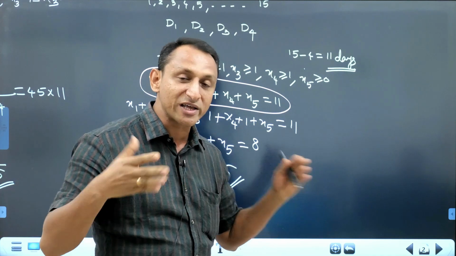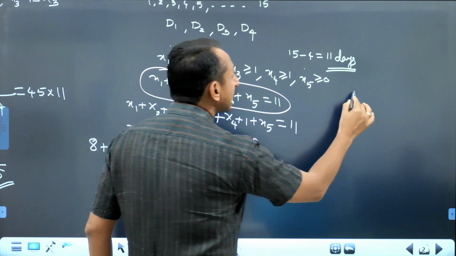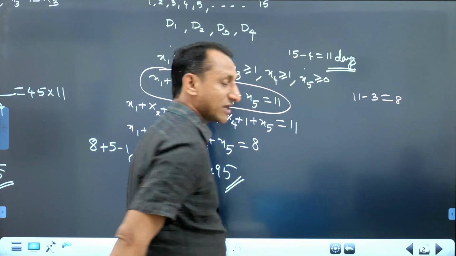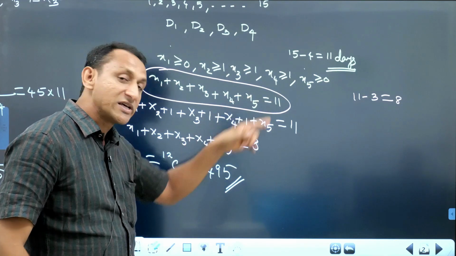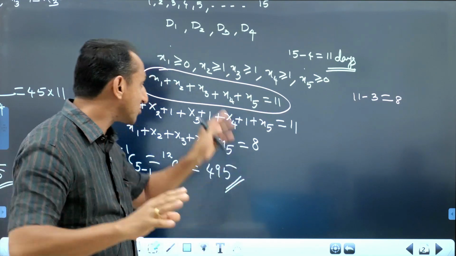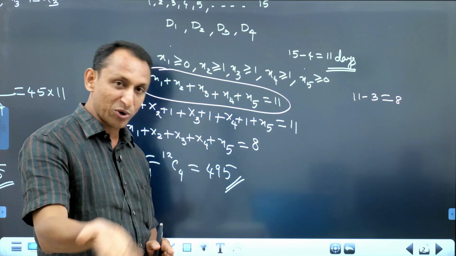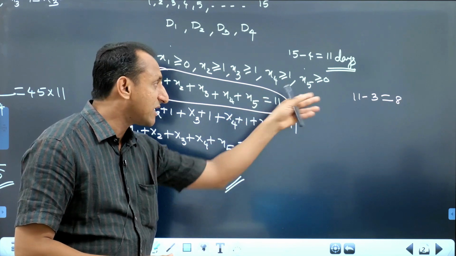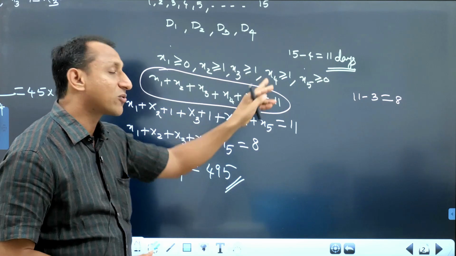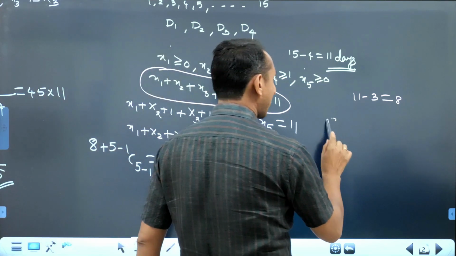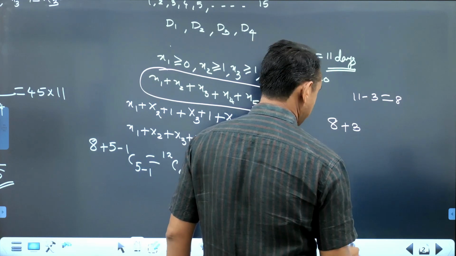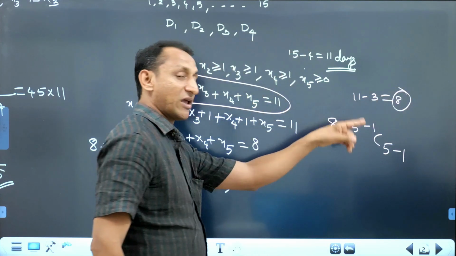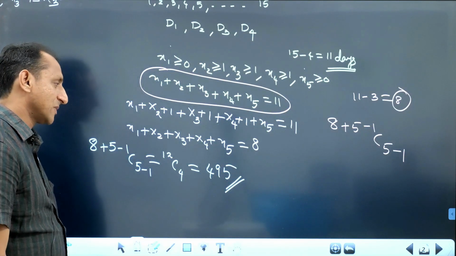We have already allotted 1 day to them, so the remaining is 11 minus 3, 8 days. Why? Total 11 days, out of which we give 1 each to x2, x3, x4, since they want 1 or more days. Remaining 8 days. Then all 5 quantities are greater than or equal to 0, so directly you write 8 plus 5 minus 1 C 5 minus 1, where you get 8 from 11 minus 3. So the answer is 495.